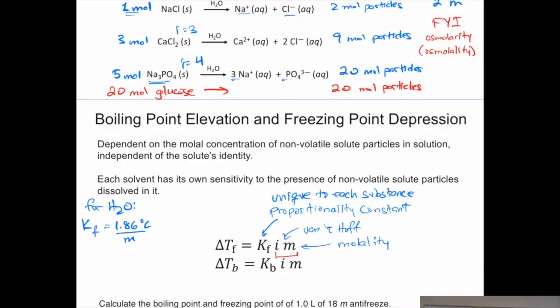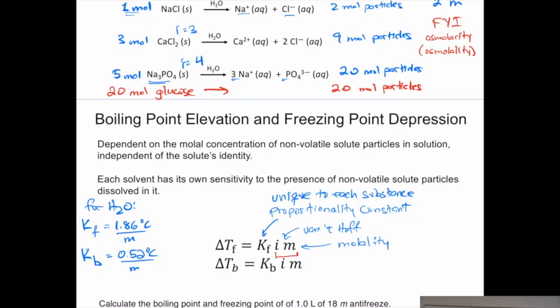That is specific to when you're going from the liquid into the solid. Whereas if we take the same amount of water, but we want to see what effect those non-volatile particles will have on raising the boiling point, it's different. It's 0.52 degrees Celsius per molal.